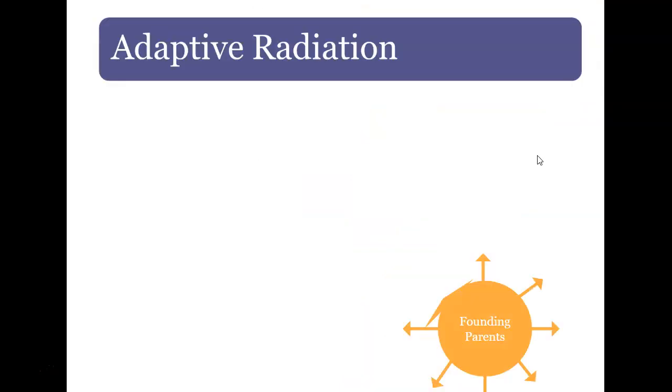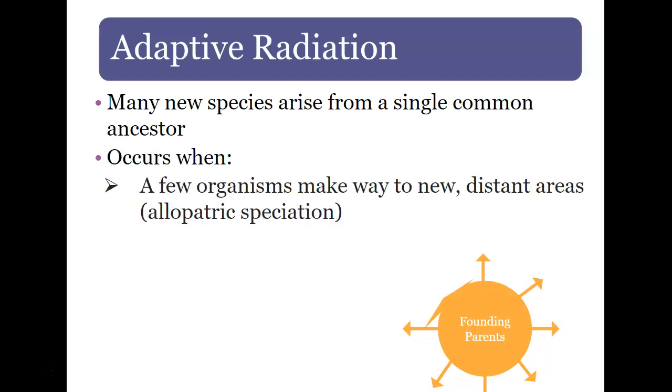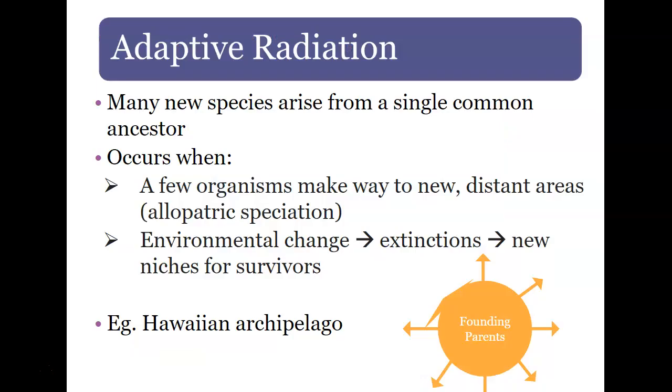Okay, so great. Now we have something called adaptive radiation. And adaptive radiation has to do with new species coming from a single common ancestor. So there's one common ancestor, and all of a sudden you have this increase in a bunch of different species being made in a short amount of time.